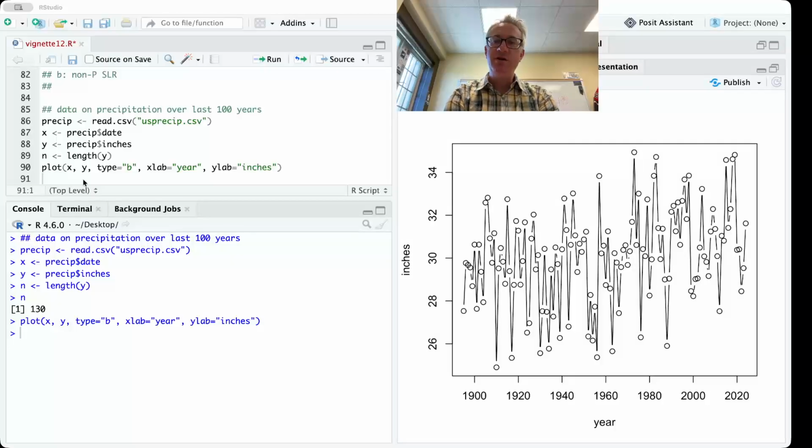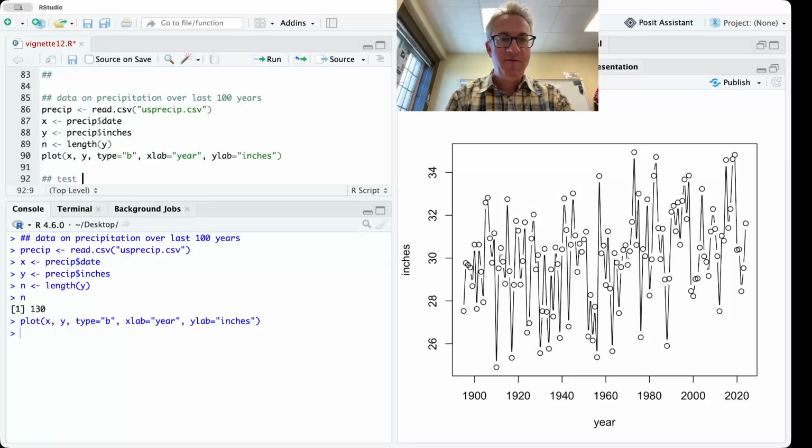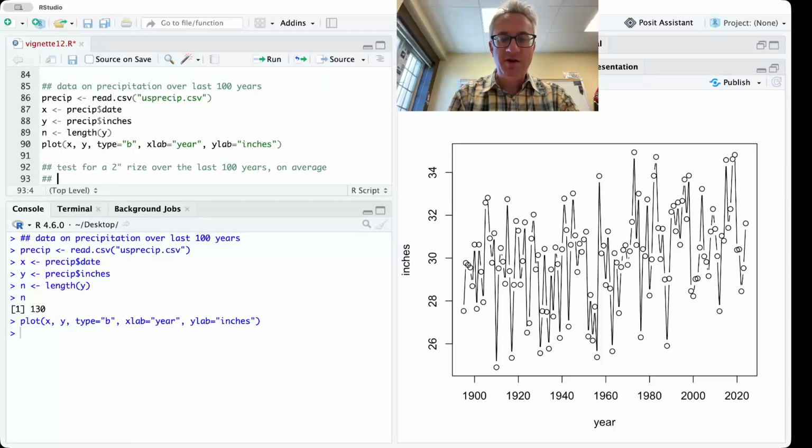And the question here is, is the precipitation increasing over time? To my eye, it is, but specifically we're going to test for a 2-inch rise over the last 100 years on average, which translates into a null hypothesis of beta 1 being equal to 0.02.